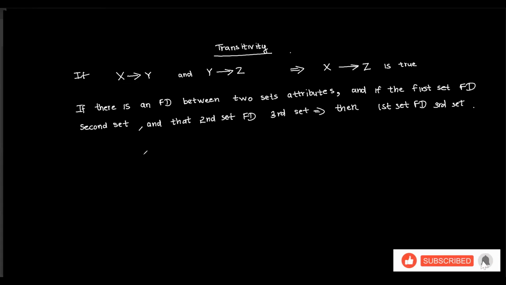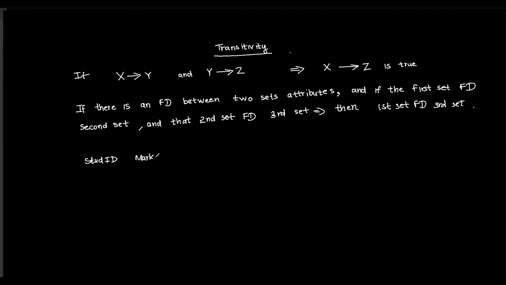If we do an example, I have to think of an example. That's the hard part. For transitivity, you can't use the old example. Well, let's say there is stud ID, marks, and grade. We know X equals stud ID, Y equals marks, and Z equals grade.